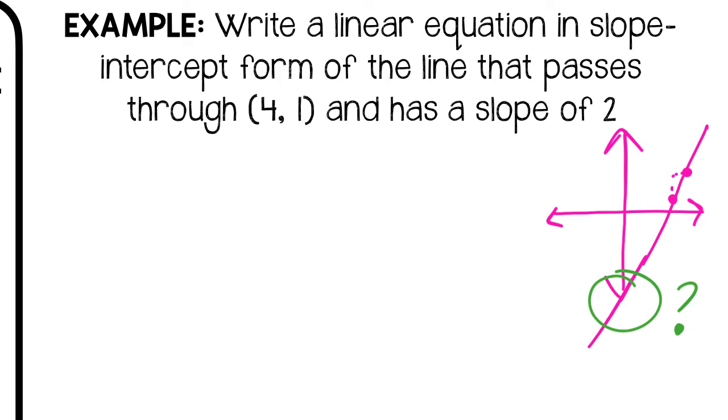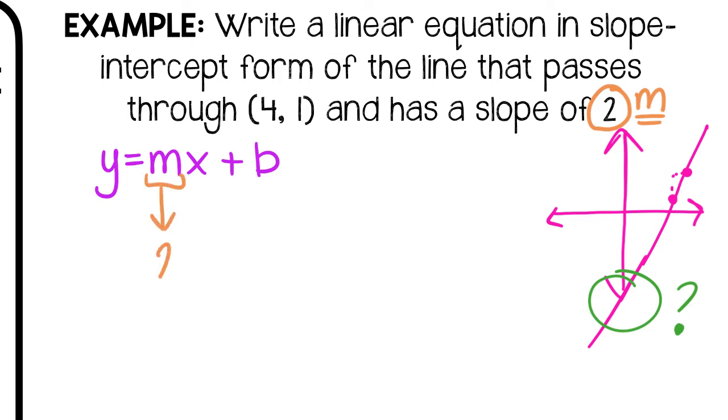So let's do that. This is how I taught it before. There's a couple different ways to do this, but the way that I taught it was using this slope-intercept formula. So we're going to start off with the formula, y equals mx plus b, and then we're going to plug in a bunch of stuff here. So I'm going to use 2 as m, because remember m stands for slope. So instead of m, we're going to plug in 2.